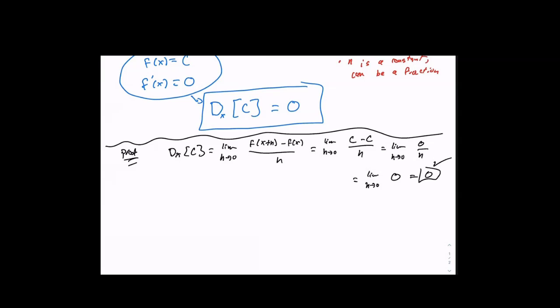That is the reason why. It doesn't matter what constant we choose: 5, 15, 28, negative 6, pi, e, square root of e. If we utilize the definition of the derivative every time, we would get 0 as the derivative. So for example, what's the derivative of 5?